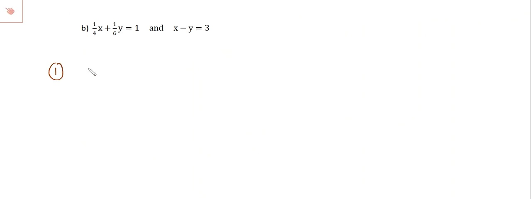So equation number 1 is a quarter x plus a sixth y equals 1, and equation number 2 is x minus y equals 1. I did spot a couple of people doing the correct thing, trying to get rid of the fractions. What do you multiply by?